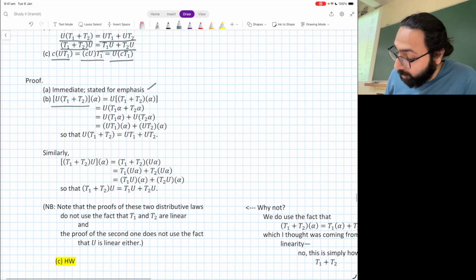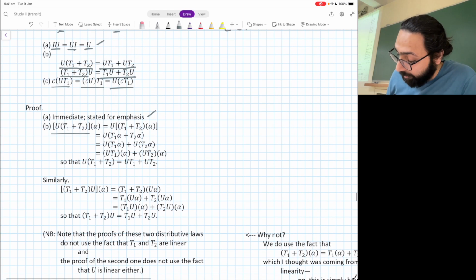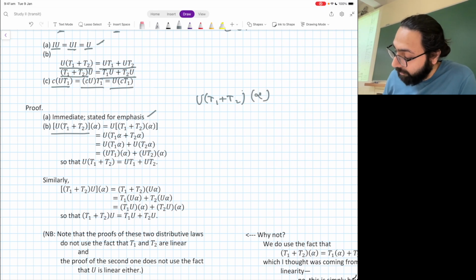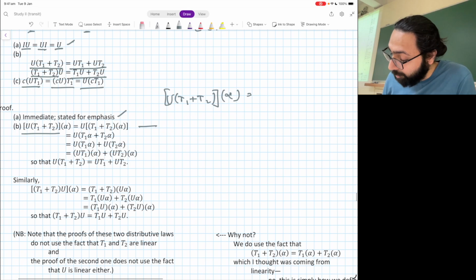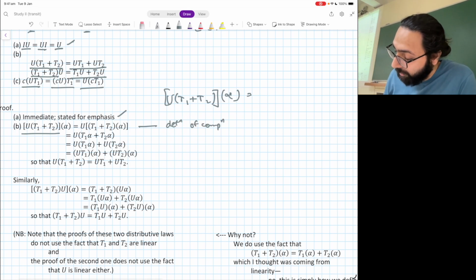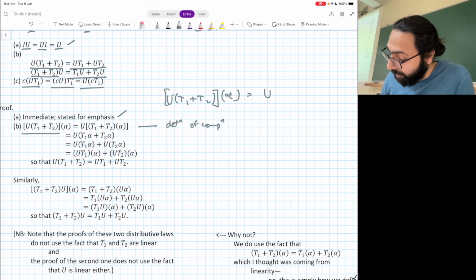So here in the B part, what are we going to do? We're going to just apply the definition. U acting on T1 plus T2, acting on alpha. The first step is the definition of composition. So this gives us U acting on (T1 plus T2) of alpha.